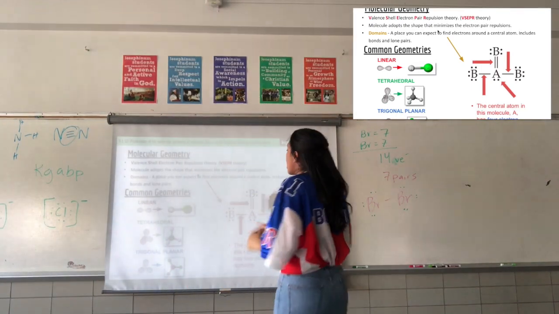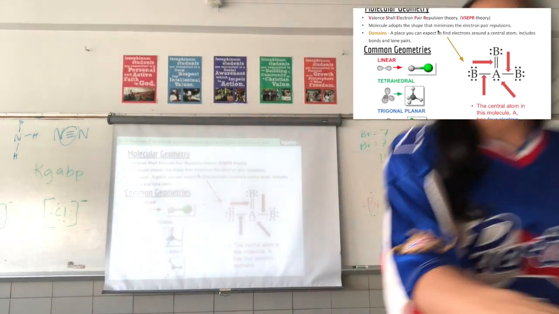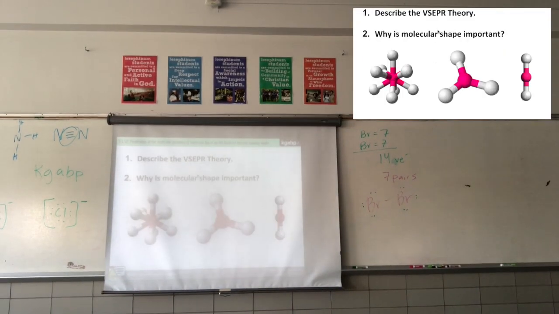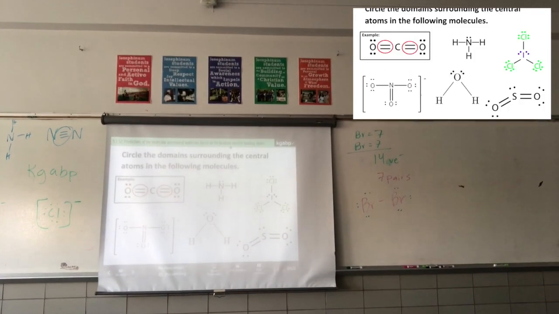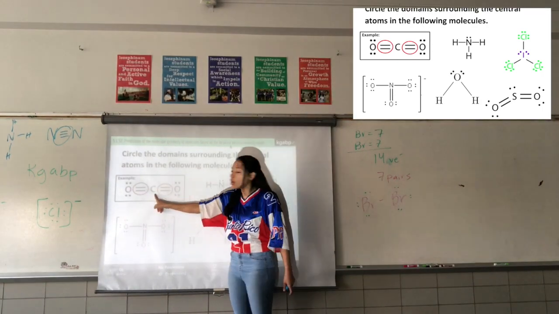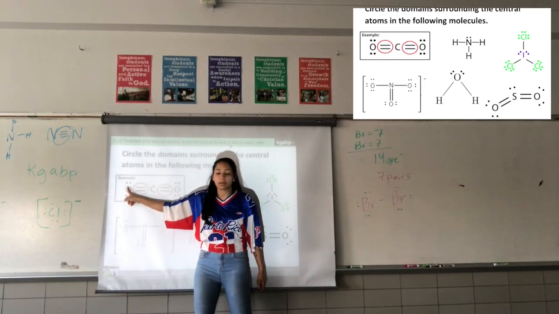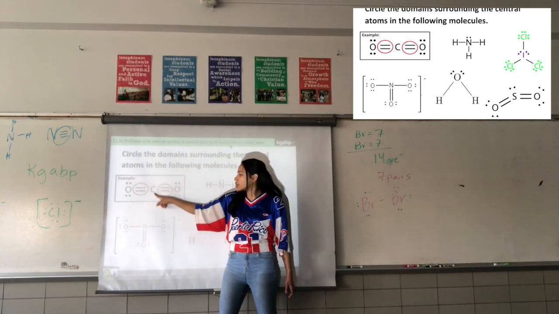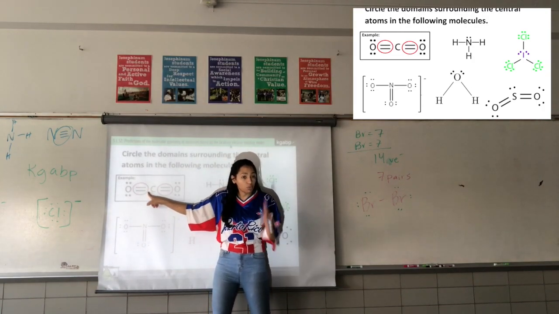So the shape of a molecule depends on the number of domains. We're gonna skip this one. Right here, I want you to circle the domains around the central atom only. I don't want you to circle these ones over here because that's not the central atom. Carbon is the central atom. It has one kind of bond.